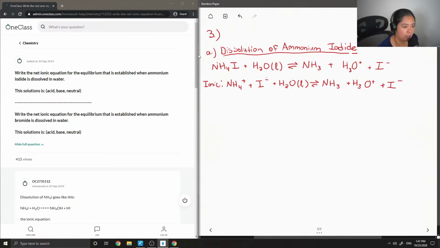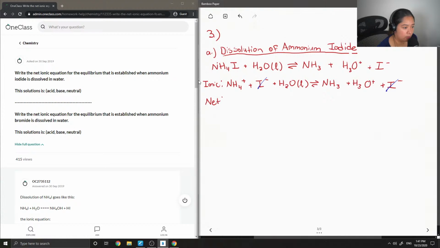Spectator ions are ions that appear on both sides of the equation. So the only spectator ion here is the iodide.